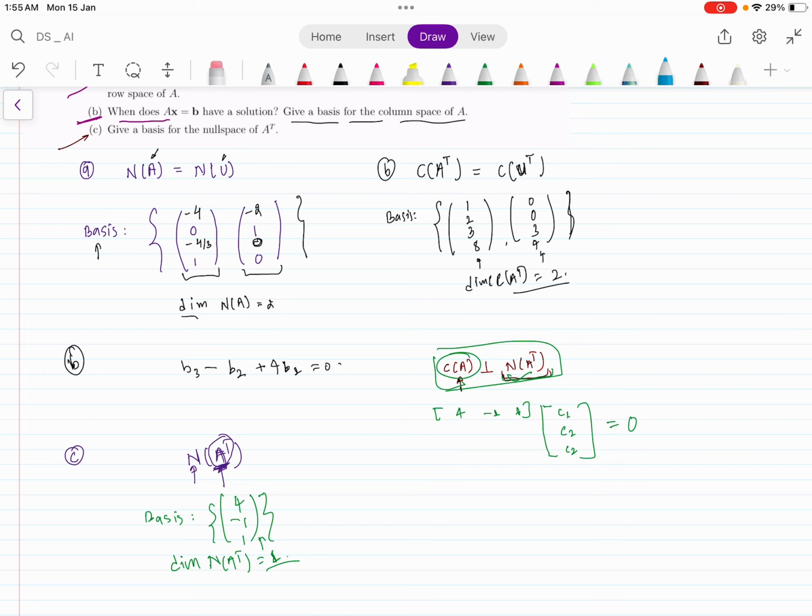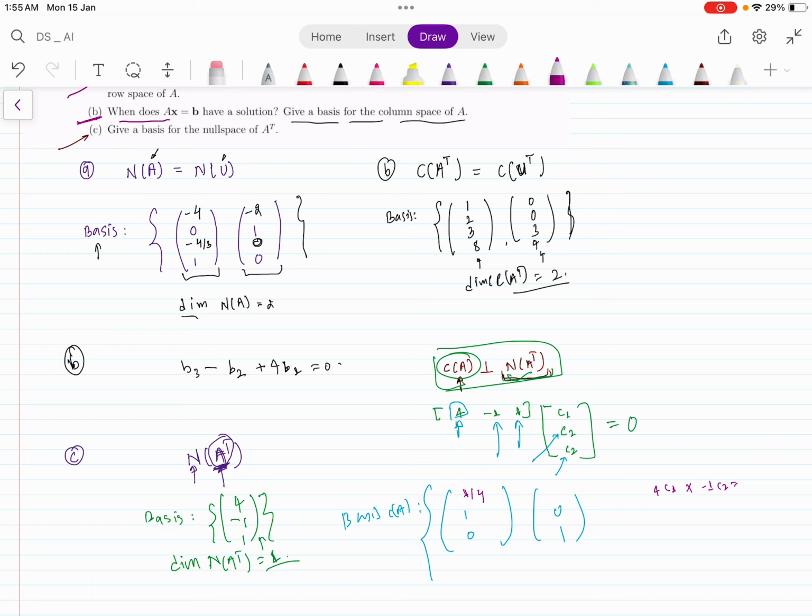And from here you see that this is a rank 1 matrix, and these are the free columns. So we can set these variables to any values, that is 1 0 or 0 1. So that will give you the basis of your null space, sorry, basis of your column space. But we have to find this C1, right? So here C1 will be 4 times C1 minus 1 times C2, so that will give you 1 by 4.